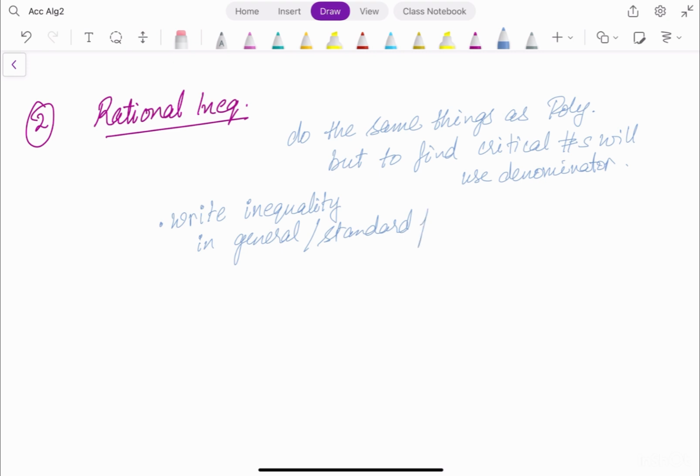So take the rational expression, all the numbers on the left hand side, and leave 0 on the right hand side. So make a note for yourself. This is very crucial.